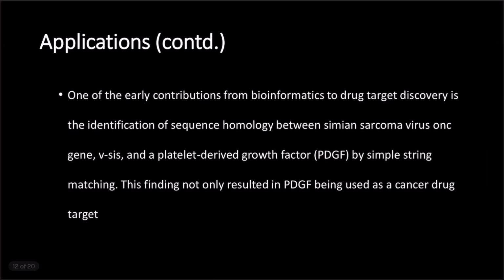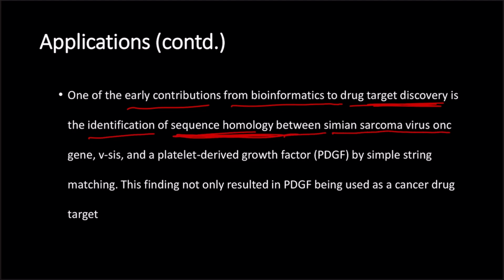Now the next example is one of the early contributions from the bioinformatics field to drug target discovery: the identification of a sequence homology between the simian sarcoma virus gene, that is v-sis, and platelet derived growth factor.